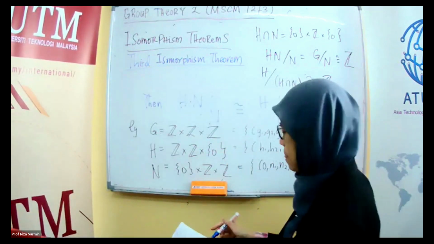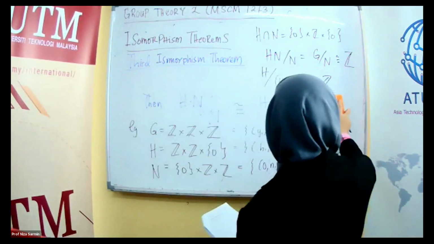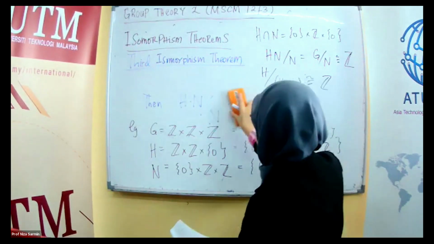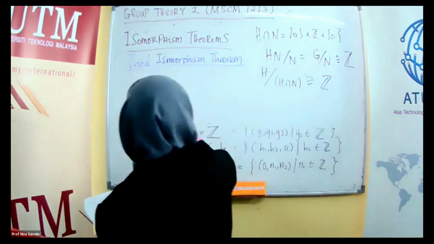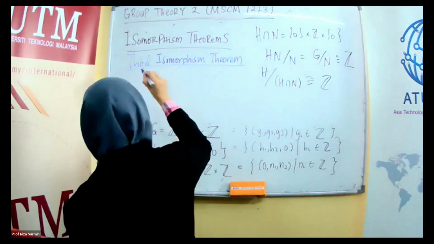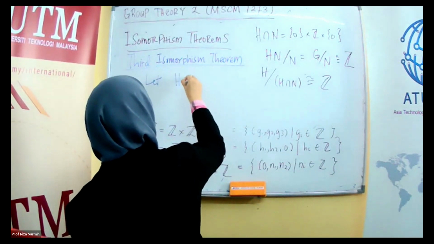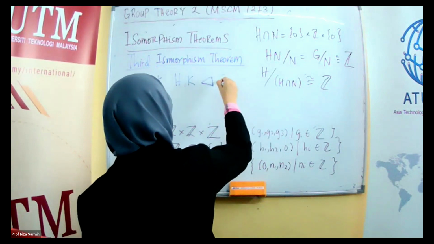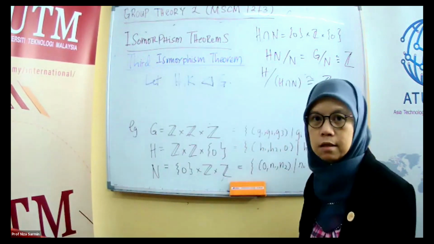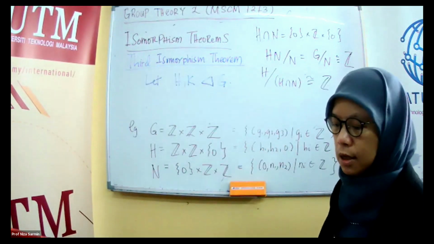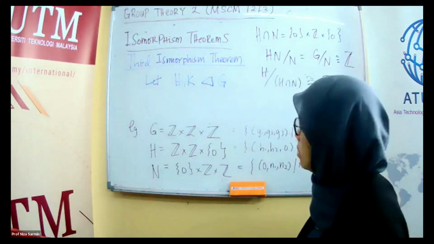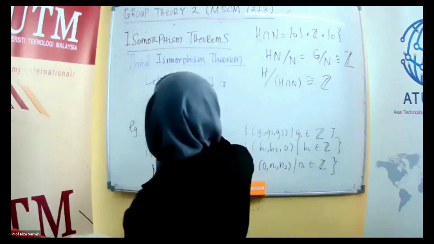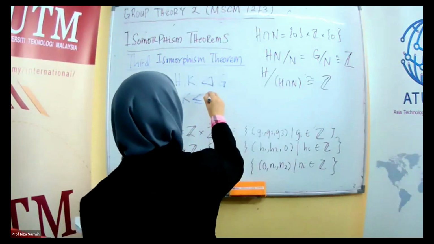It's very similar in the sense that we have H and N, but we have H and K normal, but I want K to be a subgroup of H.